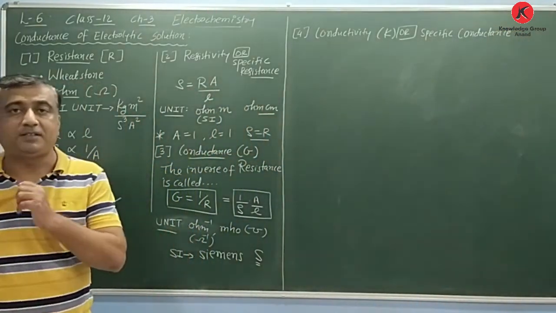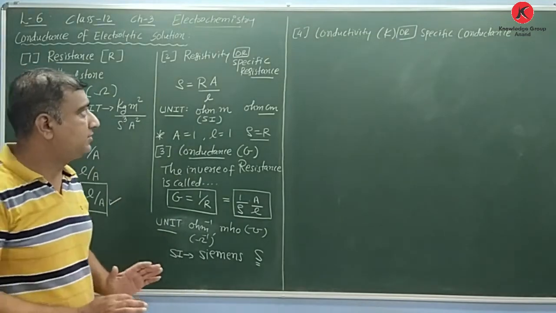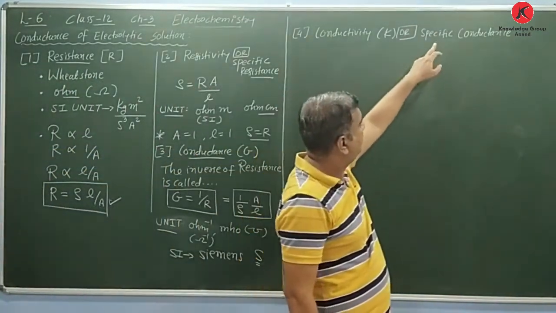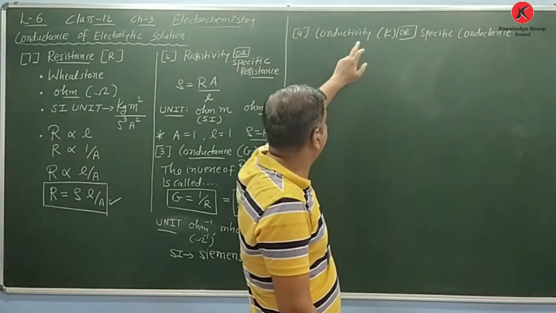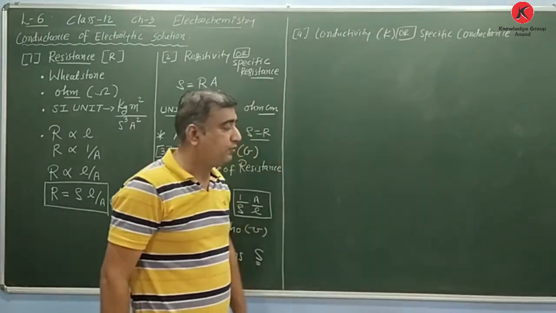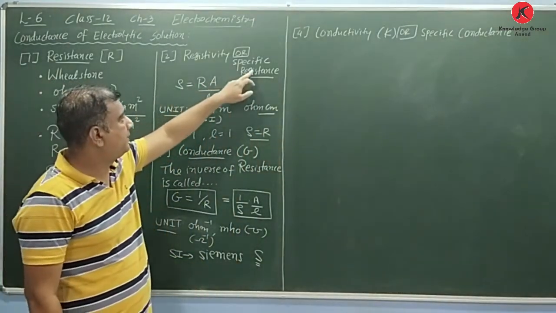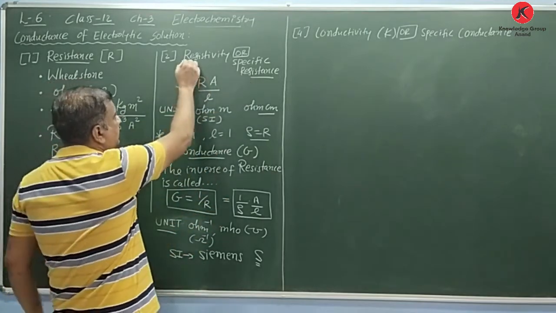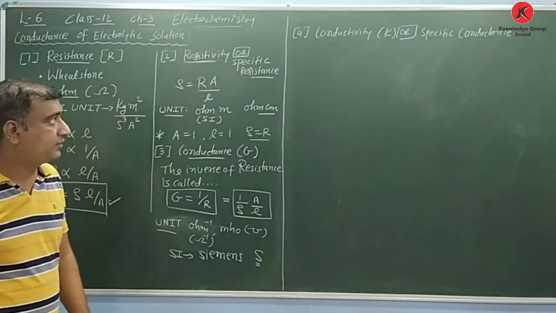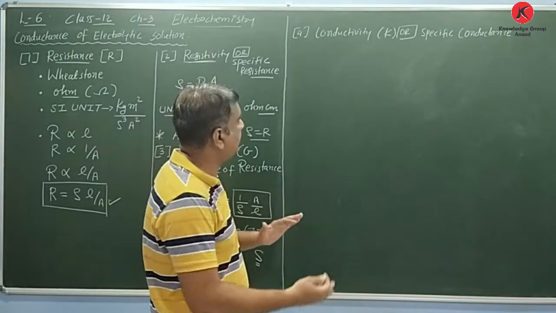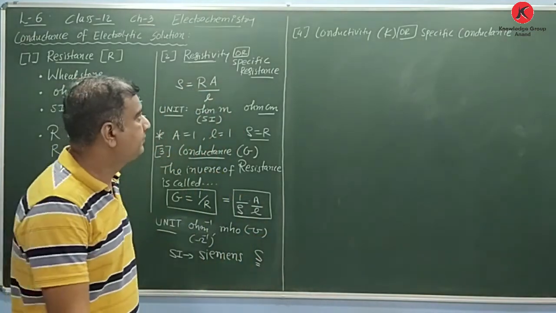But IUPAC suggests that instead of specific conductance, the word conductivity is used. Here also, instead of specific resistance, the word resistivity is used. So we will use resistivity and conductivity.